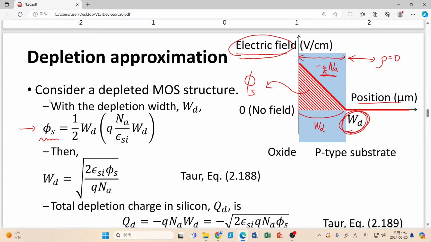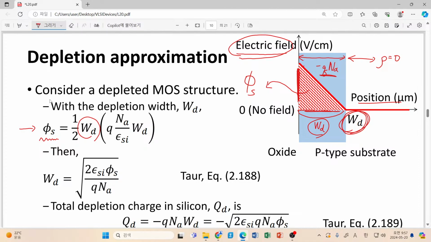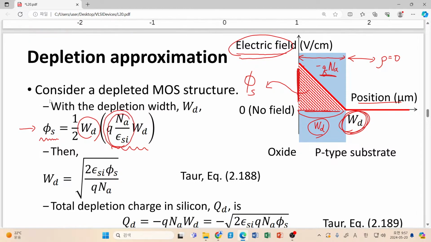And how can you get this area? Since this is just a normal triangle, we can multiply one side and the other side. One side corresponds to WD, and the other side, the normal side, corresponds to the slope of our electric field.